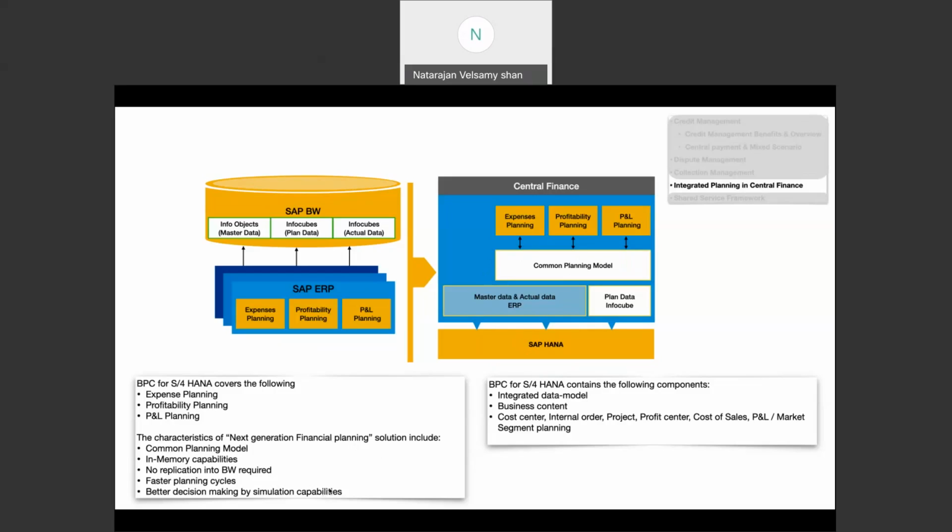With the simulation capacity, we can make better decisions. BPC for S/4HANA contains the following components: integrated data model, business content, cost center, internal project, profit center, cost of sales, P&L, market segment planning components.